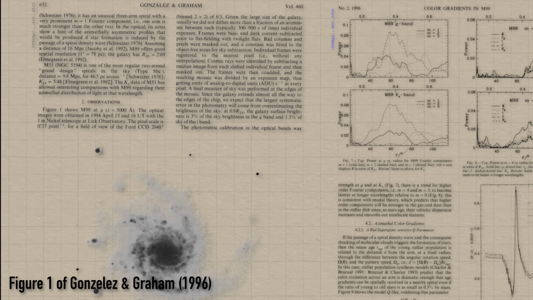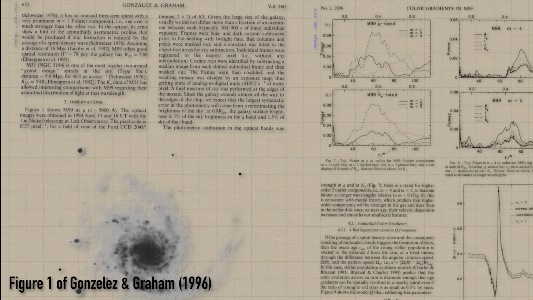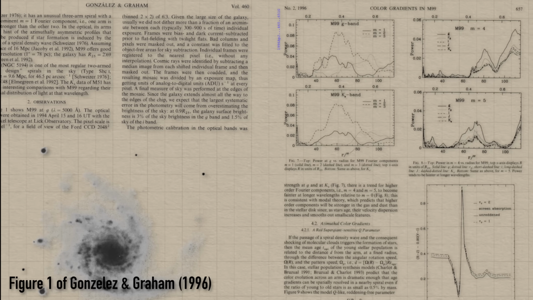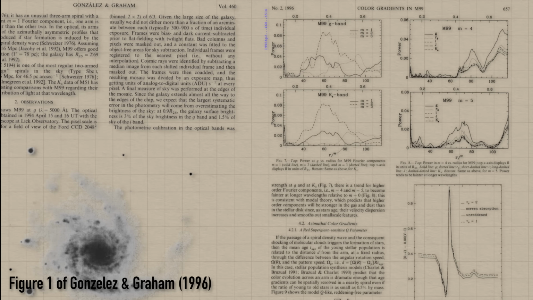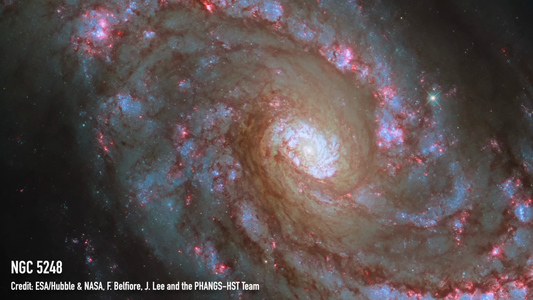At least visible light anyway. If you look at infrared light, that can actually pass through the dust. And so it was Gonzalez and Graham in 96 that showed if you do use infrared light, you see this colour gradient in the galaxy Messier 99. And since then, many other studies have shown these colour gradients can be seen in local galaxies as well as distant galaxies observed with the Hubble Space Telescope.